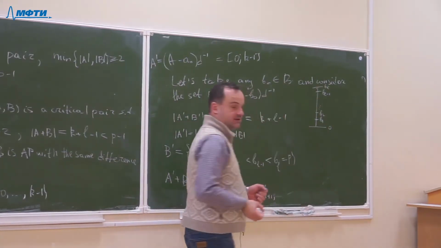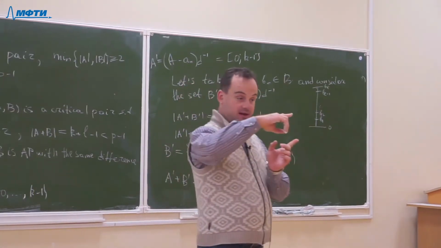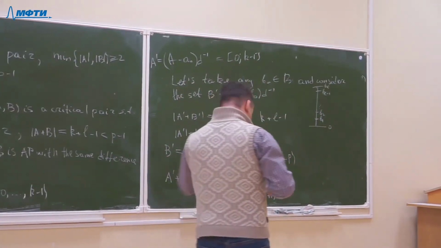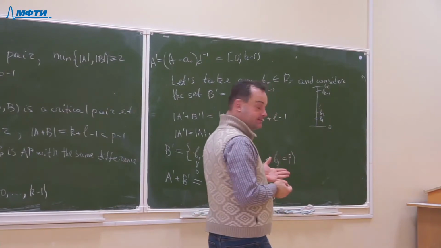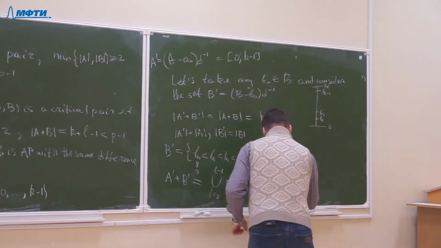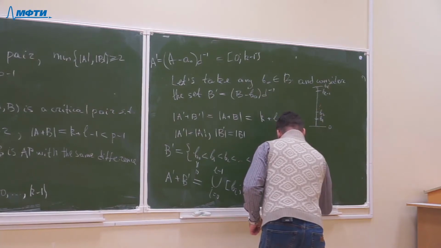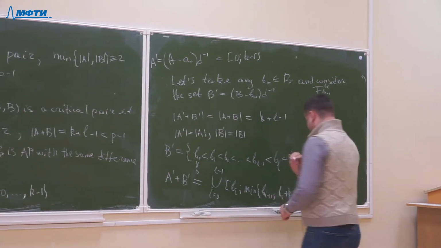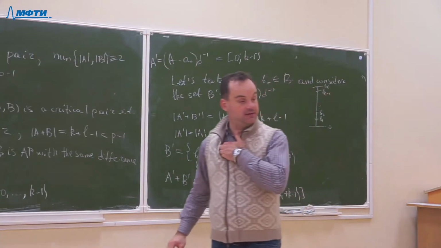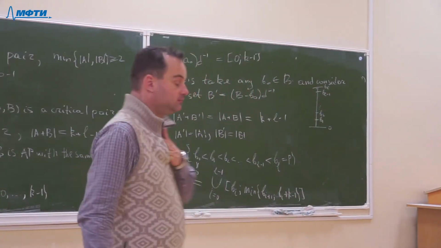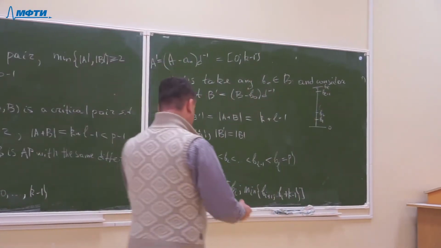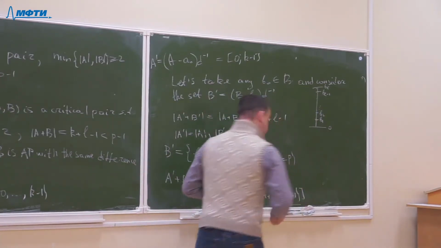This is the case when we have the whole interval, or Bi plus k minus 1.